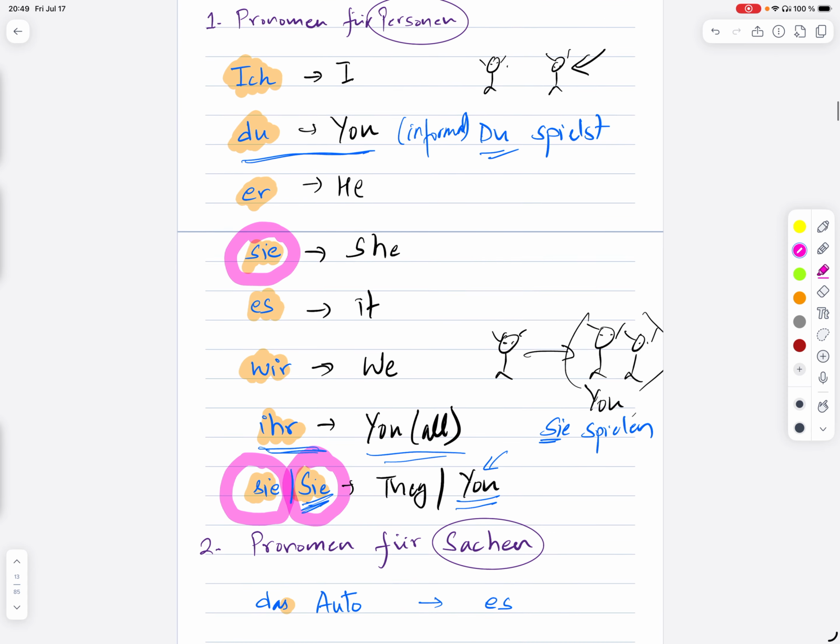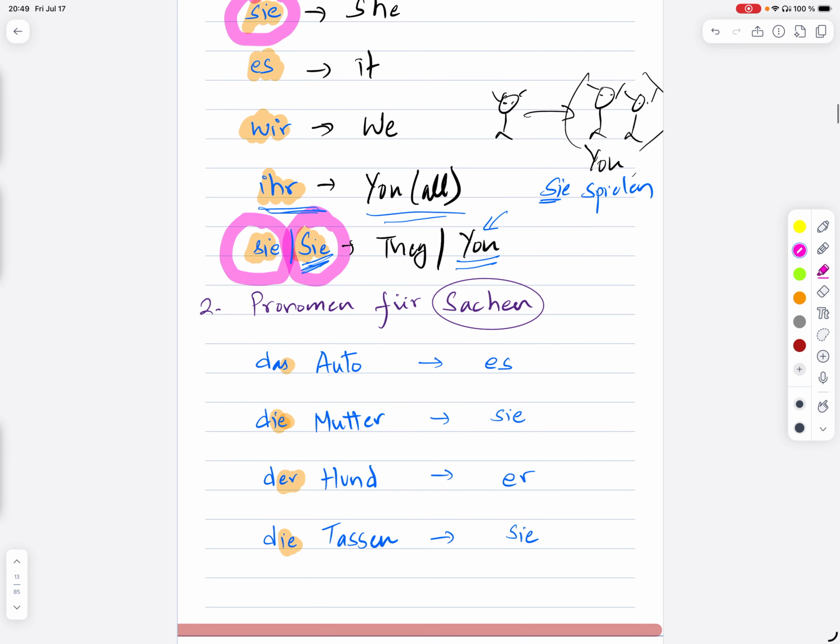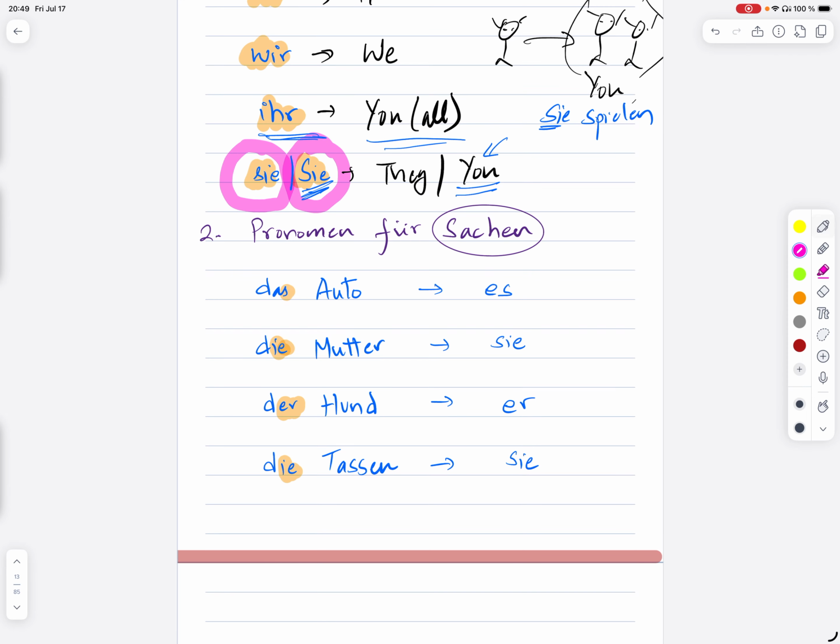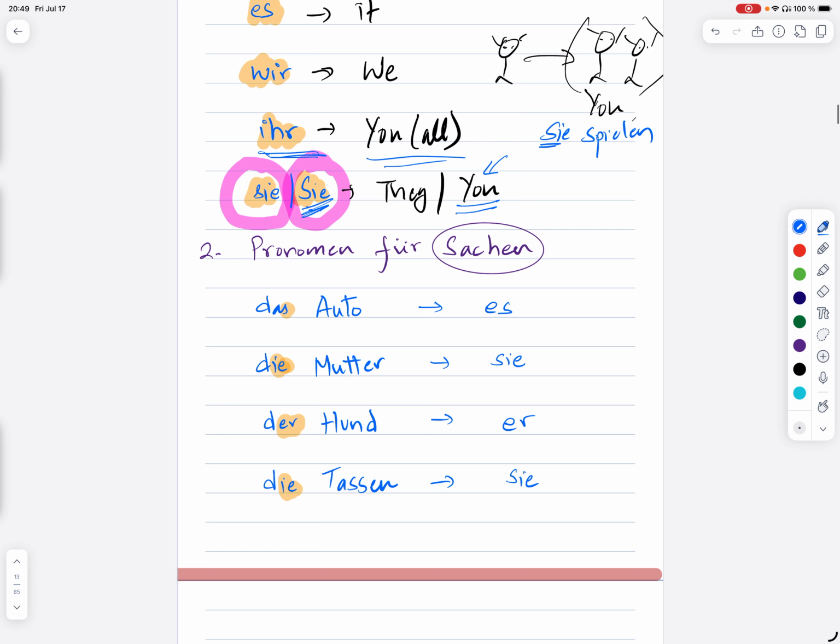Now moving onward, we have personal pronouns for things also. Now in English, the pronoun for things is always the same. For example, you will have a car or the car, right?